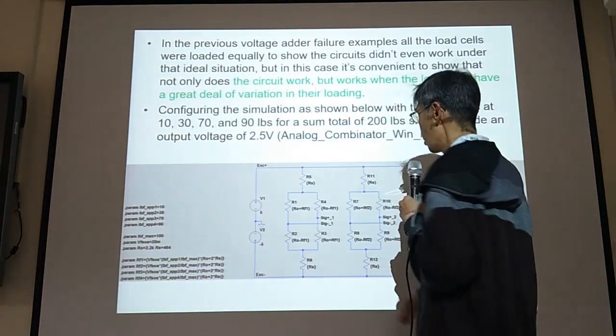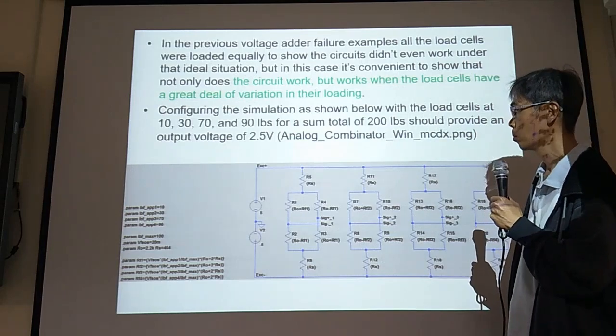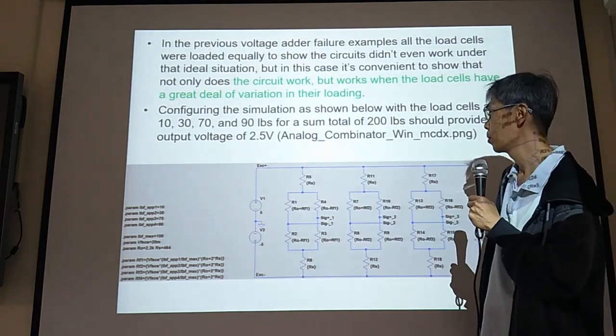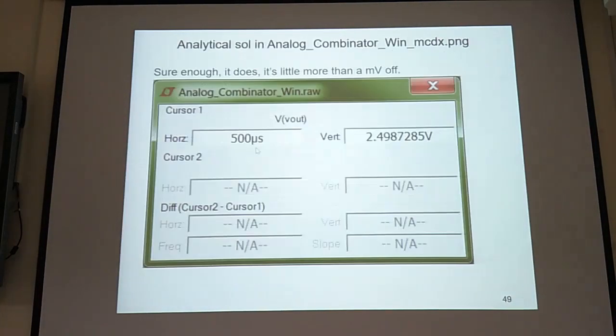So Wheatstone bridge 1, 2, 3, 4. You run the analysis. The result is good. Now it's almost 2.5. We are happy. We got the right circuit to work.